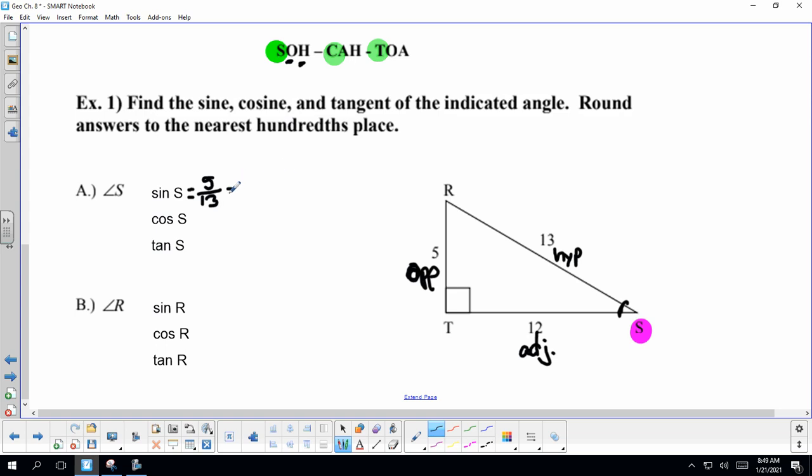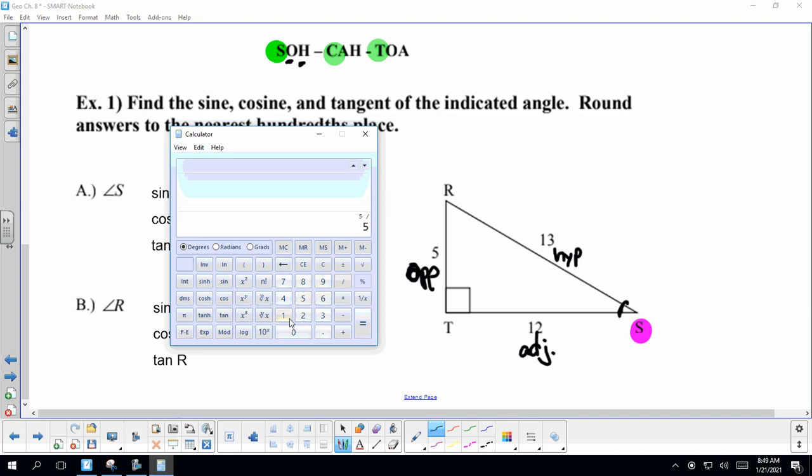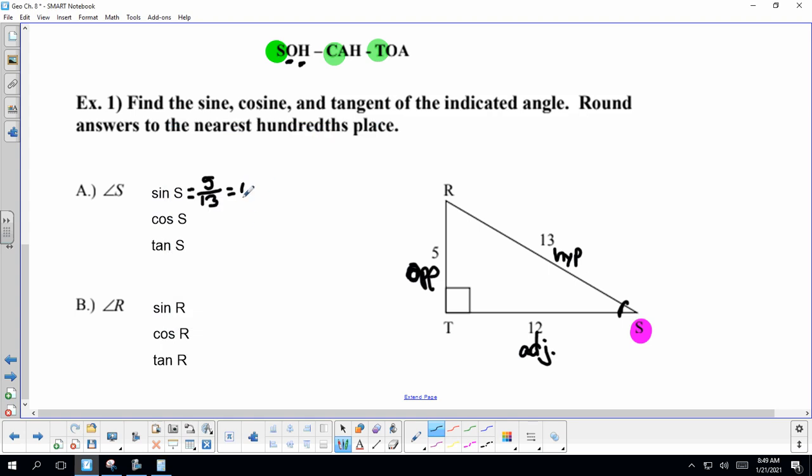And then they want it as a decimal, so we are going to pull our calculator up and go 5 divided by 13. It is 0.38. Okay, cosine is adjacent over hypotenuse. Adjacent is 12.